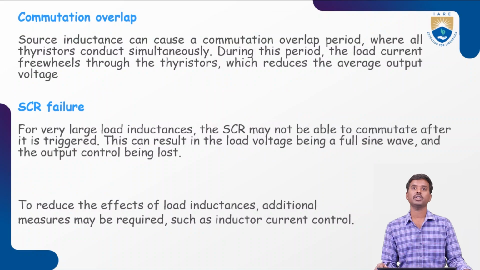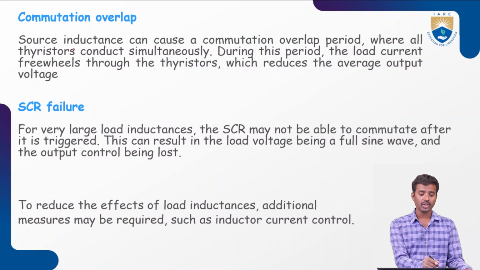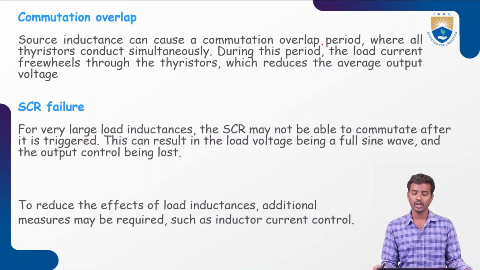Next, commutation overlap. The source inductance can cause a commutation overlap period where all the thyristors conduct simultaneously. During this period, the load current freewheels through the thyristor, which reduces the average output voltage.